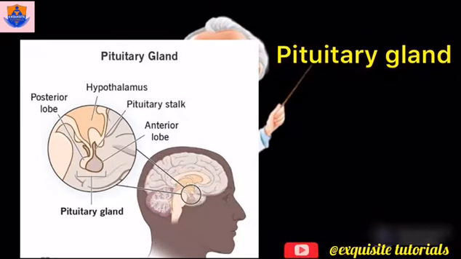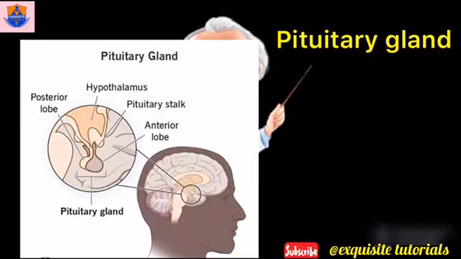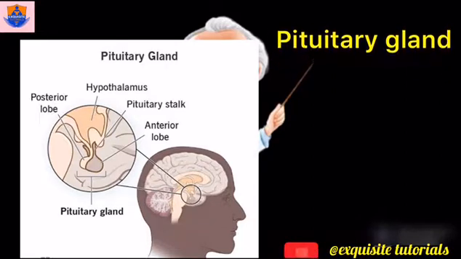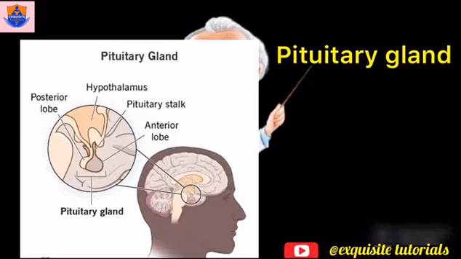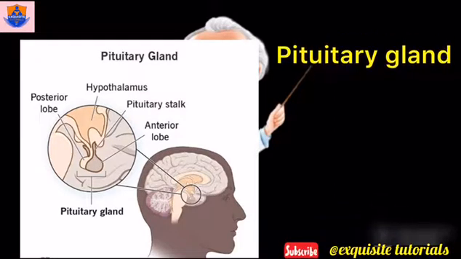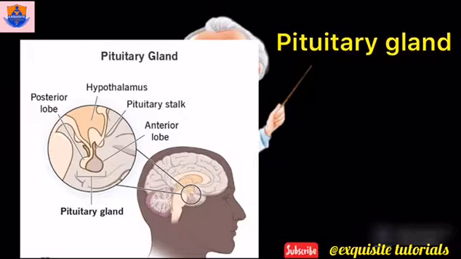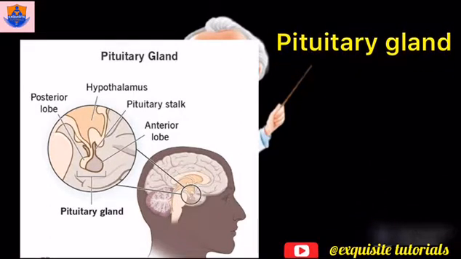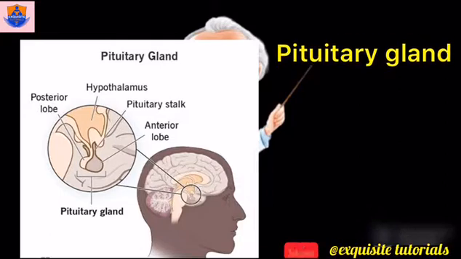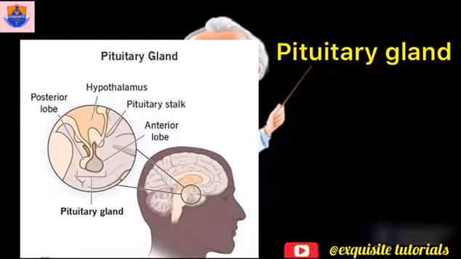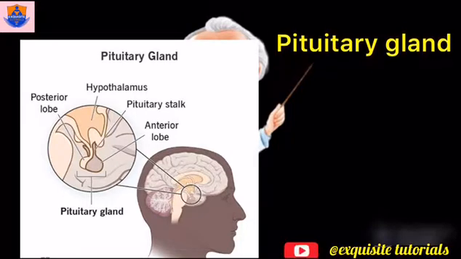It produces several hormones which stimulate or inhibit the other endocrine glands. It controls the rate of growth: excessive secretion produces gigantism, and inadequate pituitary secretion results in dwarfism.